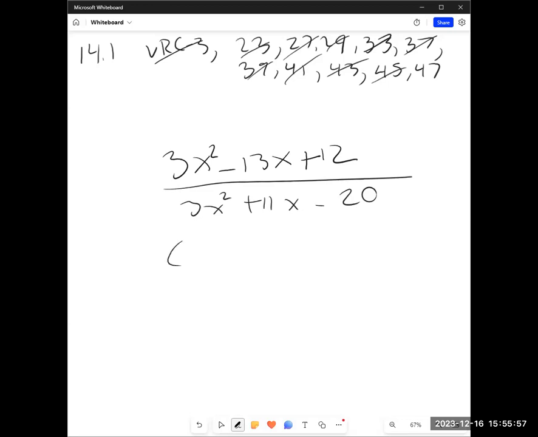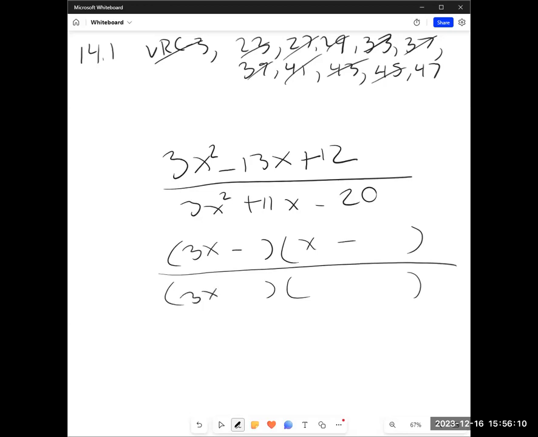This is going to be 3x and x. This is going to be a minus and a minus. This is going to be a 3x and an x. I'll figure out in just a second what that's going to be.